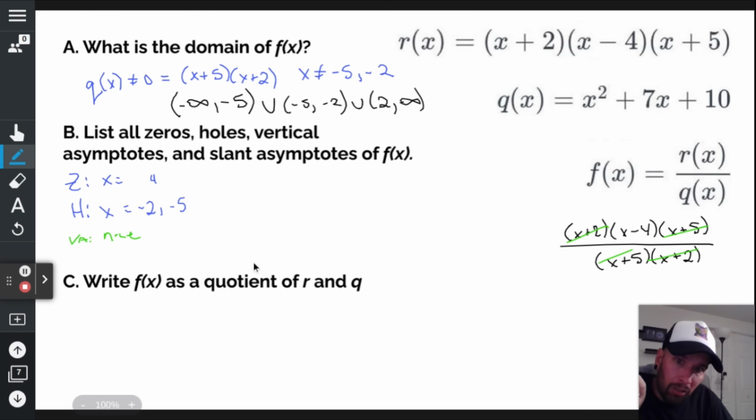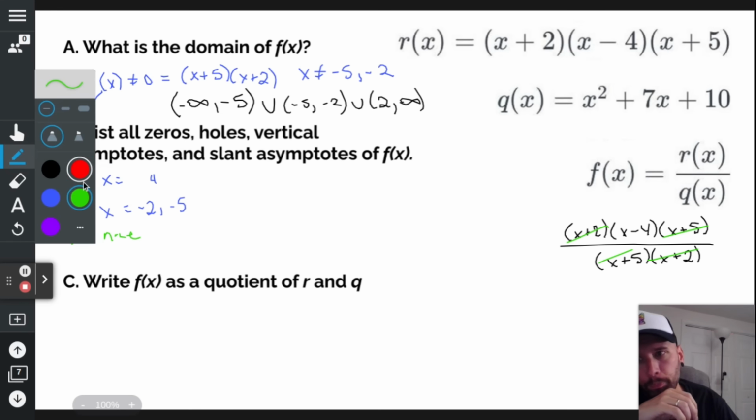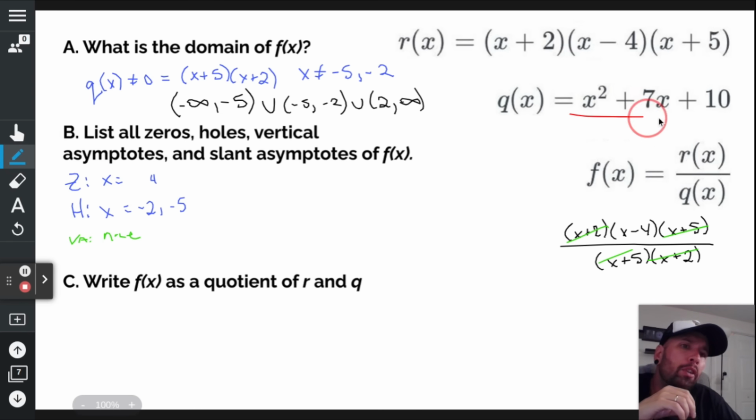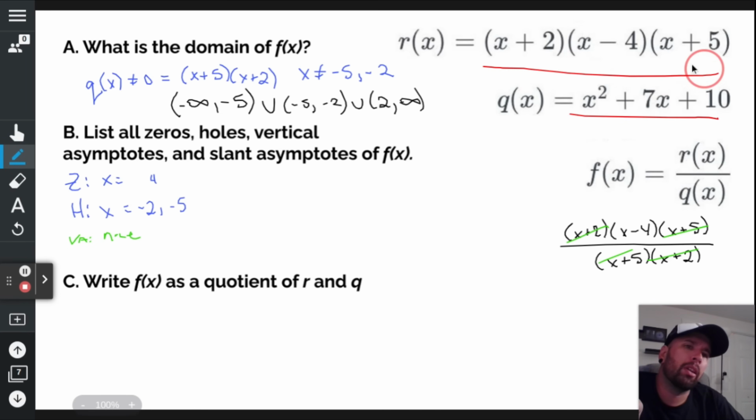My slant asymptote is found by doing polynomial long division. Now, I have q of x. What I don't have is r of x completely simplified out. Life is going to be a little good because you'll expect to see things disappear. Actually, we'll get there now.